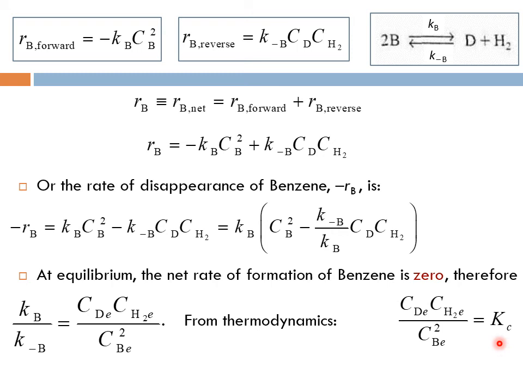So we call this Kc, or what's known as the concentration equilibrium constant. This is something you have studied in thermodynamics. Okay, if this side equals Kc, then this side also equals Kc. Or if you rearrange, you can say that K minus B divided by Kb equals 1 over Kc.